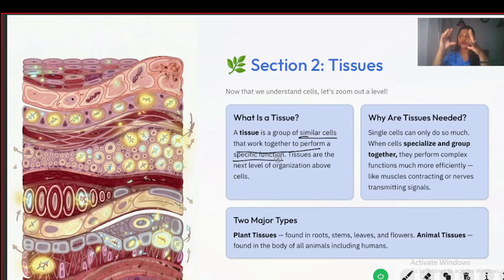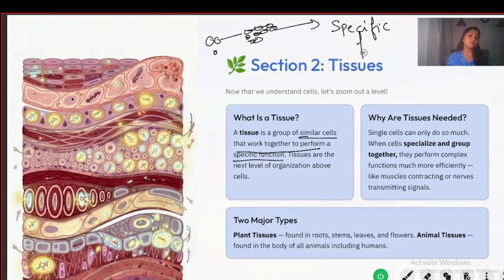Same type of cells together form a tissue, a mass of cells, and that performs a specific function. Tissues are the next level of organization after the cell.